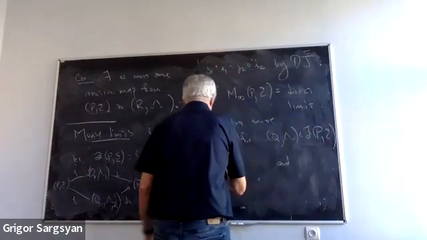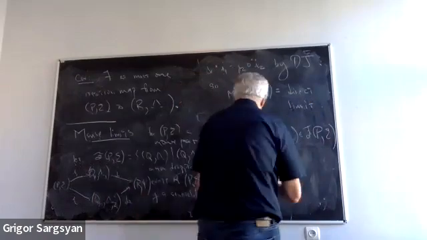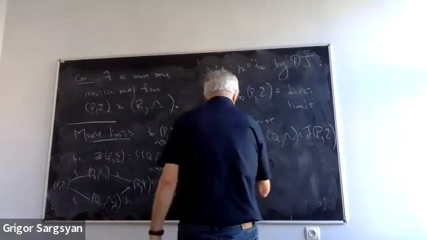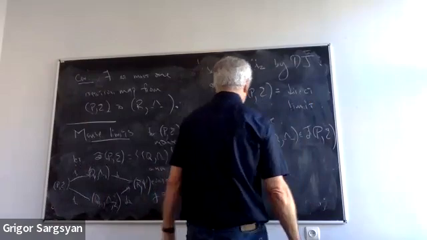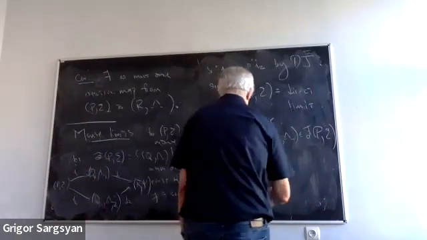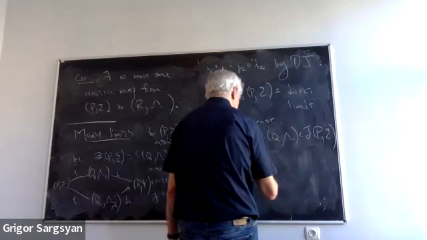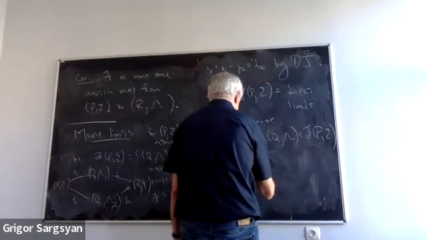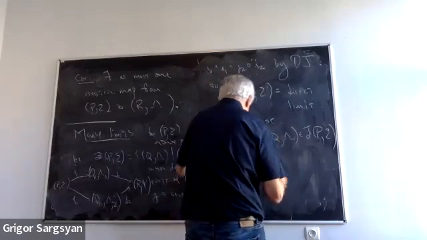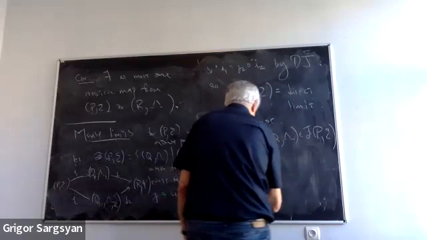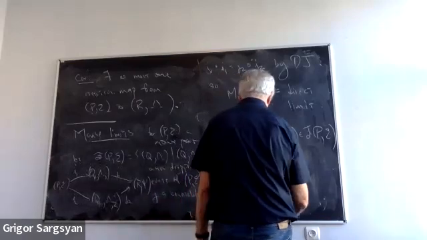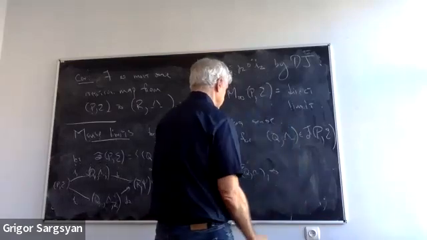Then I lambda Q... actually, I don't need it. I lambda phi from Q lambda to infinity is the map.